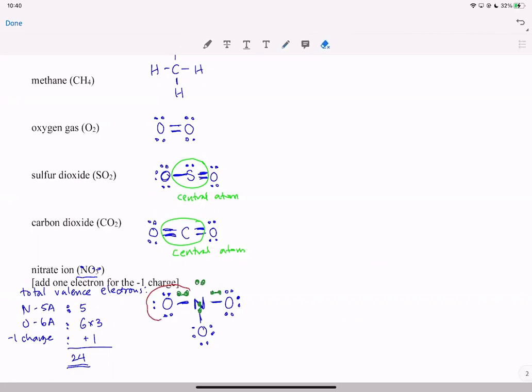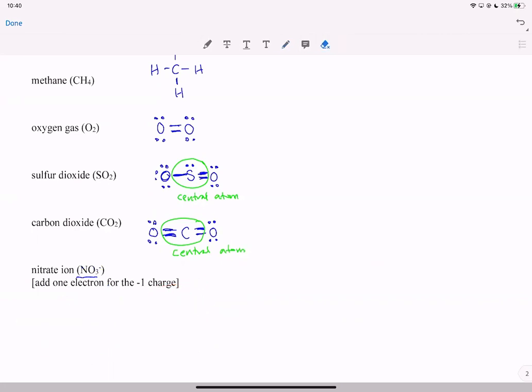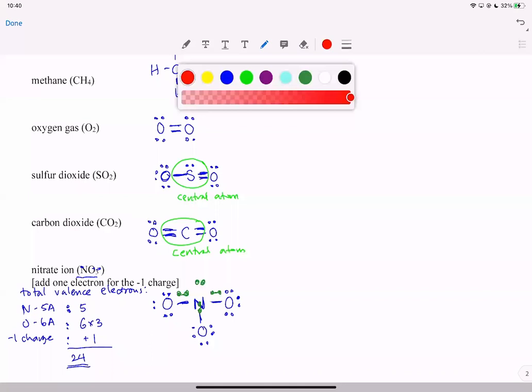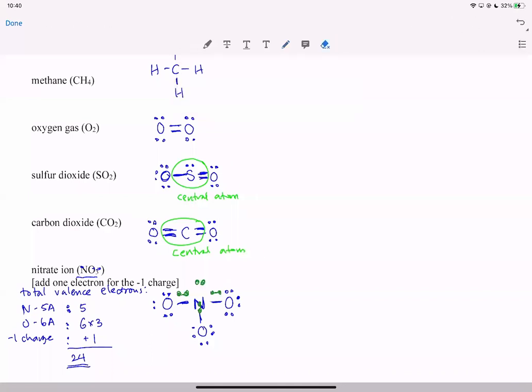Oops, don't do that. These move around on here. Okay, let me move this. Try this a different way. Nope, doesn't want to do this. Okay, I got to move those electrons because they're in the way.